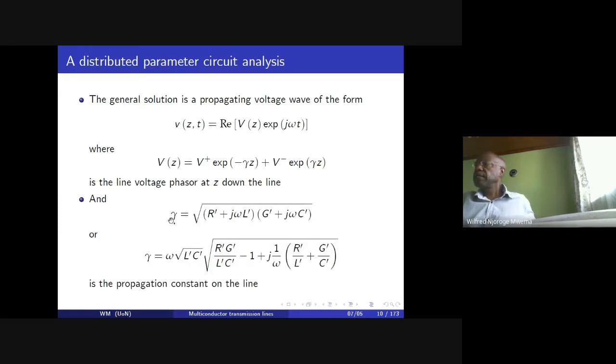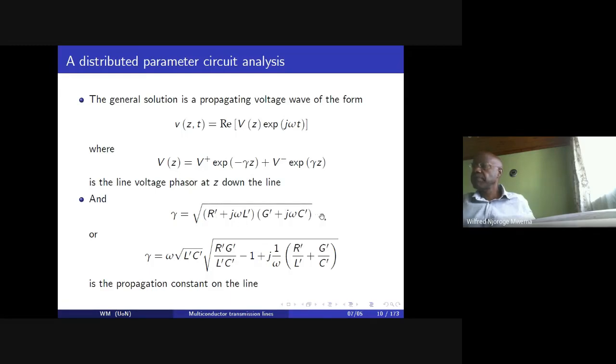And gamma is going to be given by the square root of (R' + jωL') multiplied by (G' + jωC') for sinusoidal values. So that is sinusoidal voltages and current.